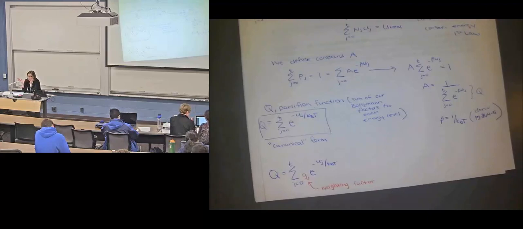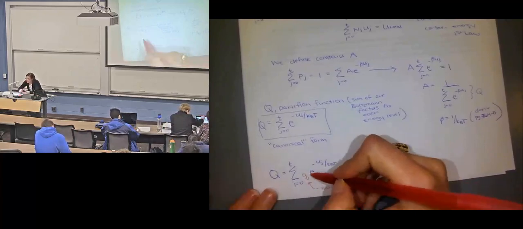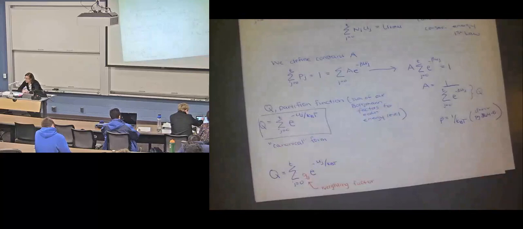There's ground state, probably ground state, but maybe there are 2 ways to be in ground state that are equivalent, okay? This builds in redundancy or degeneracy. If there's a level that can be achieved in more than one way, we need to consider that 2 times or 4 times or however many ways there are. Okay, and so we'll look at examples. The reason I draw your attention to this is in past semesters I've used a capital N sub j, which looks a lot like total number of molecules. Okay, so we're moving to g, which is what you'll find on the internet.